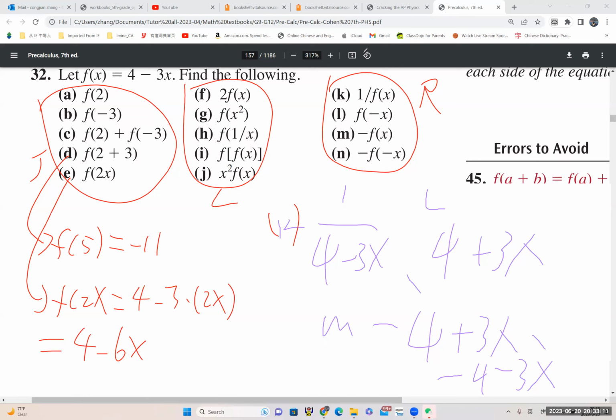You mentioned L, f of negative x. Here we already have f of negative x, so you let it go to operate, right? So L is here. Okay, not so hard.